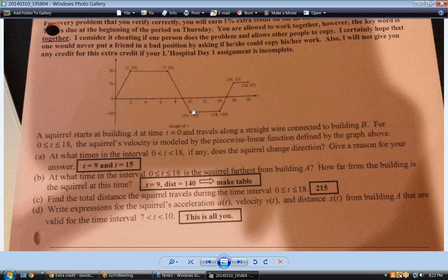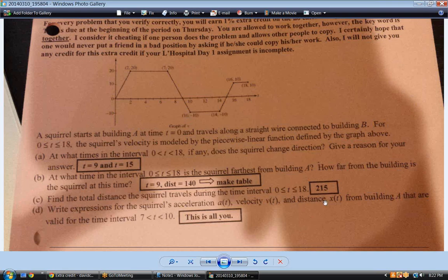The distance from the building is still going to be the area of that minus the area of that. The distance from the building is displacement. Right?